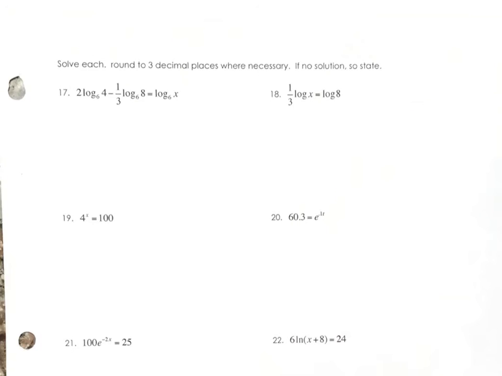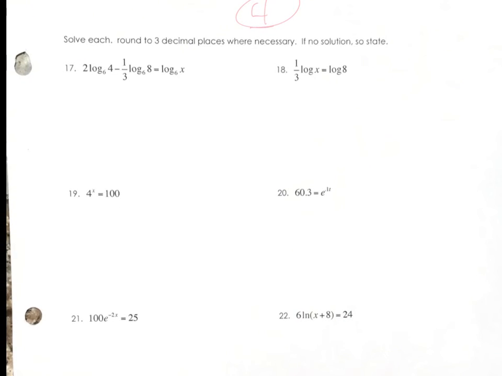Now remember, this is still the part with the calculator. There are 4 of these, 4 solving with the calculator. This says 3 decimal places instead of 4, so follow the directions.